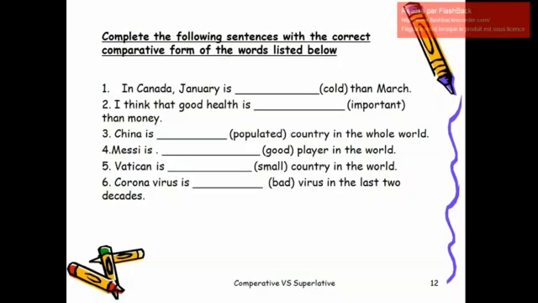Messi is good player in the world. Vatican is small country in the world. Coronavirus is bad virus in the last 2 decades. You are going to write the correct comparative form of the words between brackets.